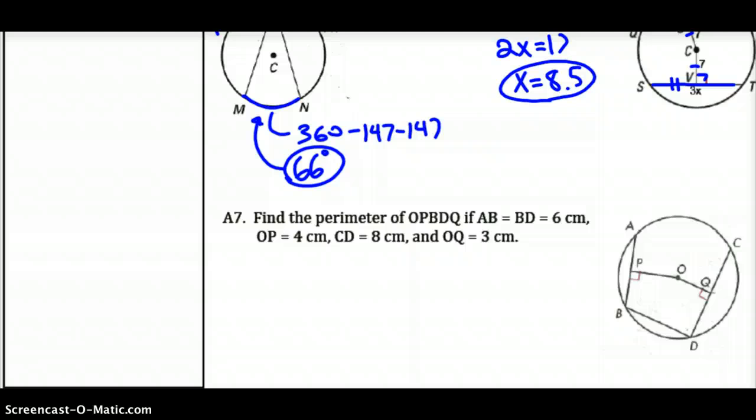Last one here, find the perimeter of this pentagon, 5 sides pentagon, if the following is true. AB and BB are 6. So if this is 6, these are congruent because of the perpendicular. So this has to be 3 and 3.